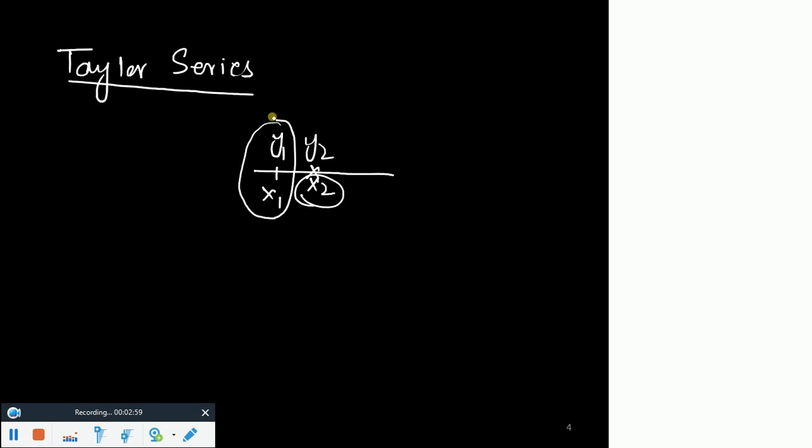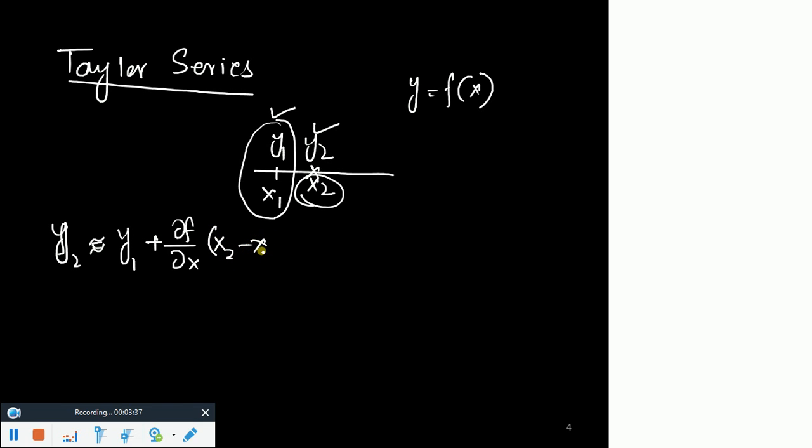My question is, again, I would repeat that if you have some previous information and you want to have some information which is not known to you, okay, so what I can write is, I can say that this y2 can be approximated as y1 plus, let's say y is a function of x, partial f by partial x, x2 minus x1, plus partial square f by partial x square, x2 minus x1 square over 2 factorial, and you can just have many more terms, isn't it?